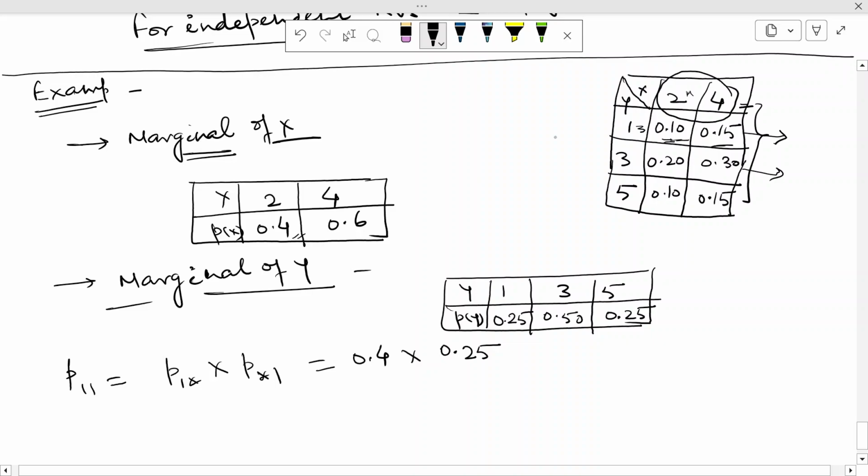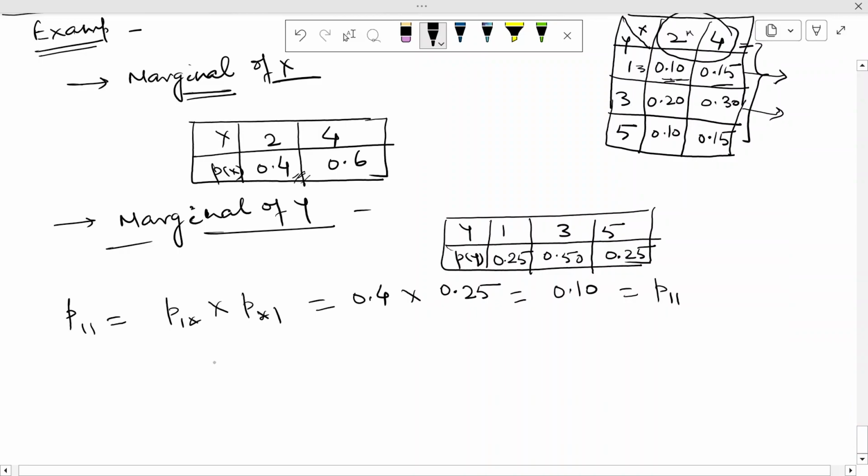So for x equals 2, we are having the marginal as 0.4, and for the first value of y, which is 1, the marginal probability for y equals 1 is 0.25. So when you multiply, you will obtain this as 0.10, which is same as the first joint probability.